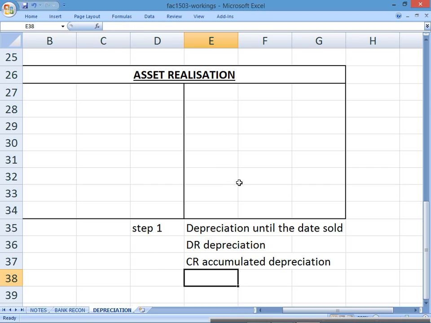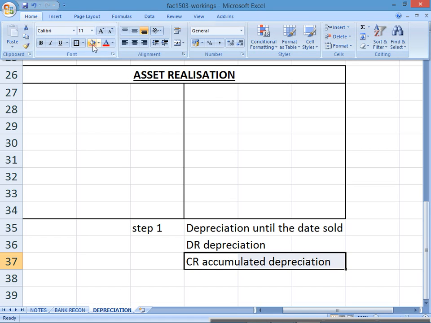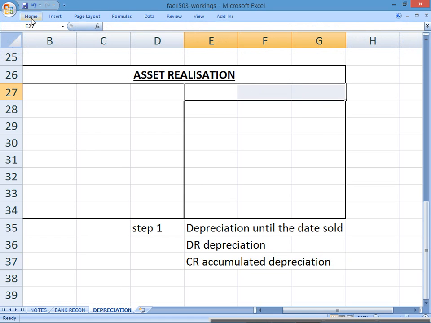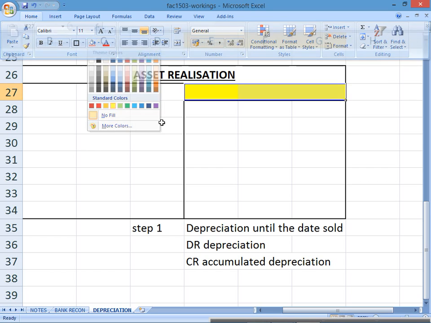Step number 2, process the accumulated depreciation to the asset realization account. What balance does accumulated depreciation have? It's a negative asset, so it has a credit balance. If it has a credit balance, it'll still have a credit balance here. It's simple.